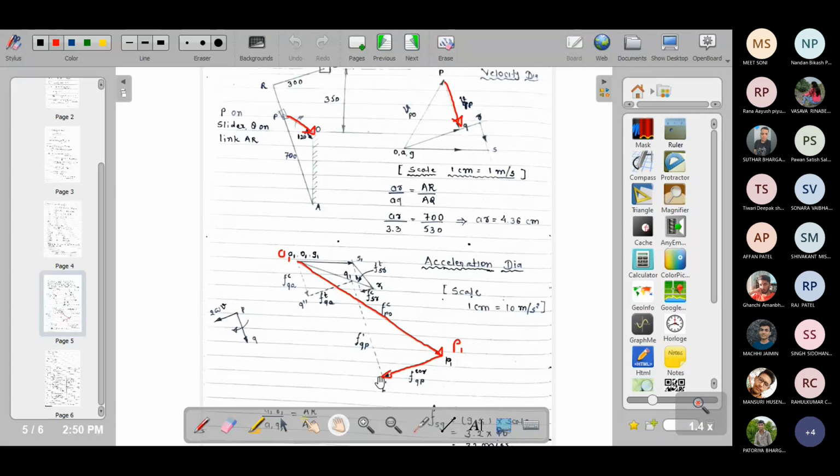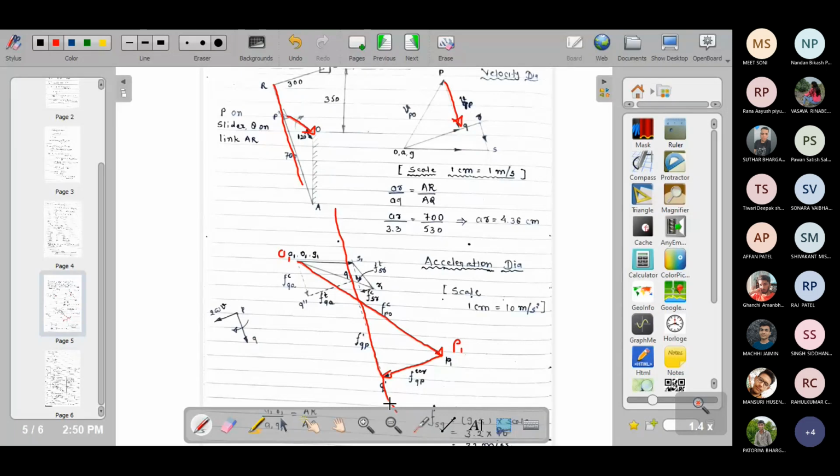Now we have another component, the linear acceleration, also of the slider, because your slider is moving in this direction. So what I can do is draw a line parallel to this link. So from here, I have drawn a parallel line, a complete line. This is the linear acceleration, because what was the first term?